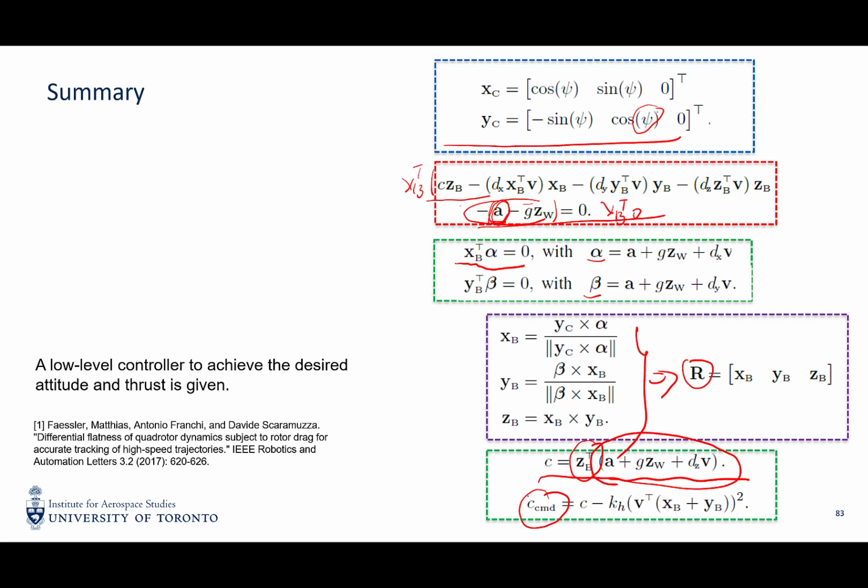Okay. Any questions? Yes, next lab, you're going to develop a controller. So any question regarding this process? Basically, what you need to do is figure out these two terms, the alpha and the beta.